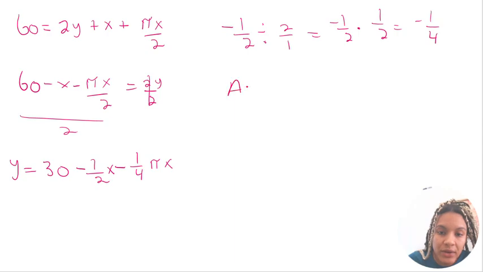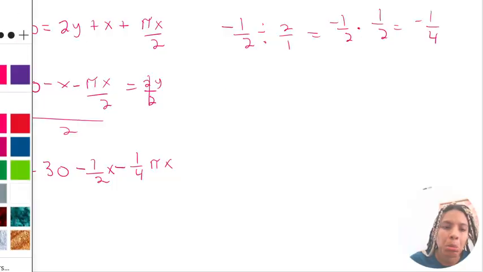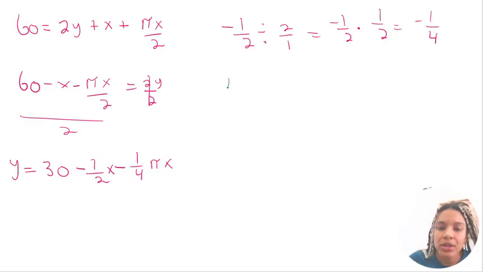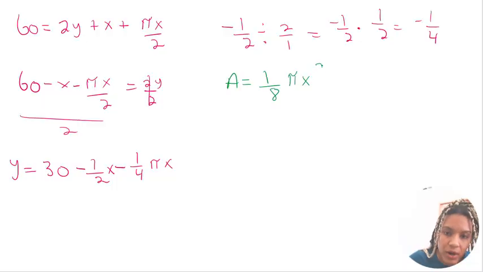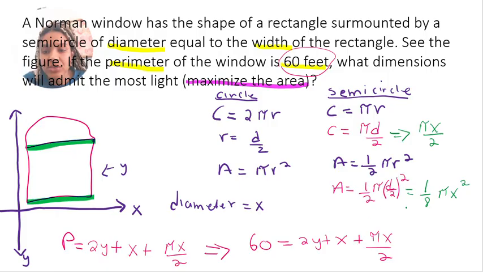So the area of the, let's use different colors because it's too plain. We know that the area of the semicircle is 1/8 pi x squared. Okay, and that comes from this right here.